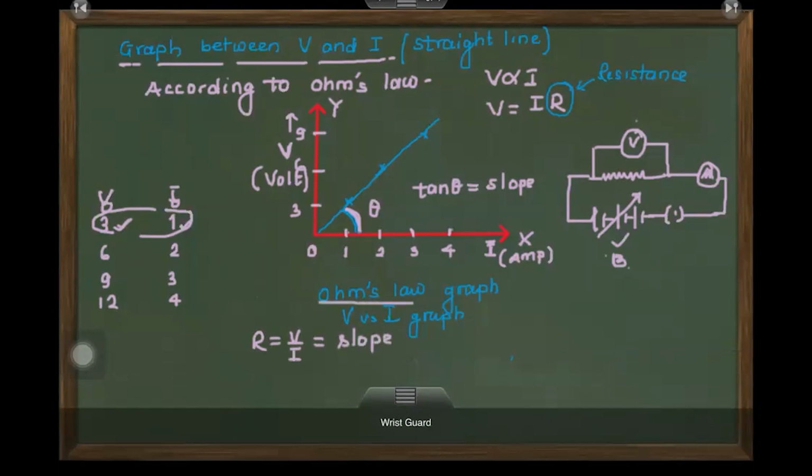If we are having Ohm's law graph or VI graph, we can say that the slope of the graph is equal to resistance.